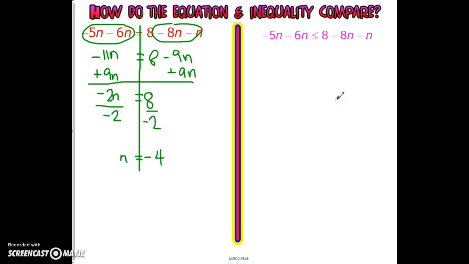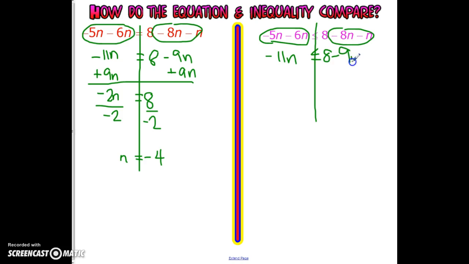So when we move to the next side that has the inequality, we're going to follow the same steps. We'll combine our like terms. Negative 11n less than or equal to 8 minus 9n. Add 9n to both sides.